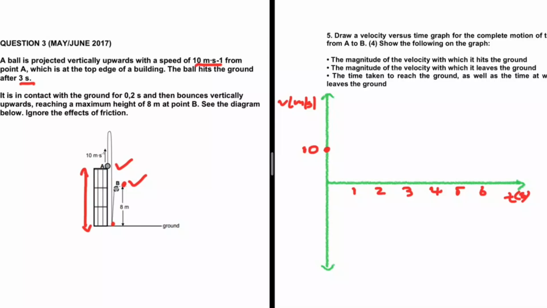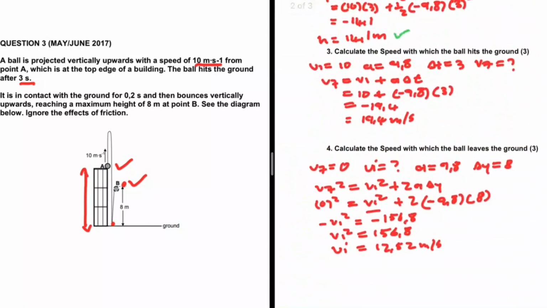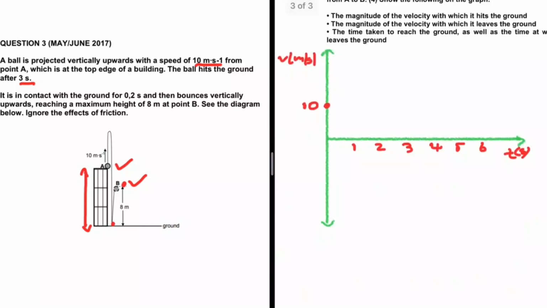Well, we don't have the time taken to reach maximum height, but we have the time taken to hit the ground. But what is the magnitude of the velocity as it hits the ground? We calculated that above, so let's go ahead and find out. The velocity is 19.4 meters per second, and then as it leaves the ground it is 12.52. Okay, so let's go ahead and have that.